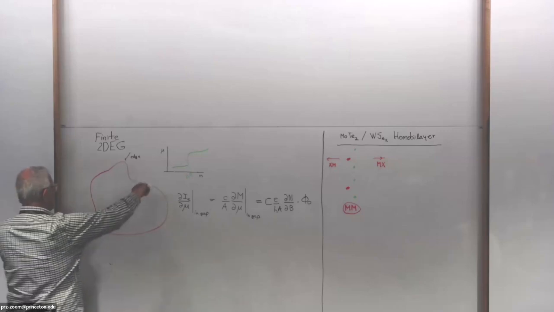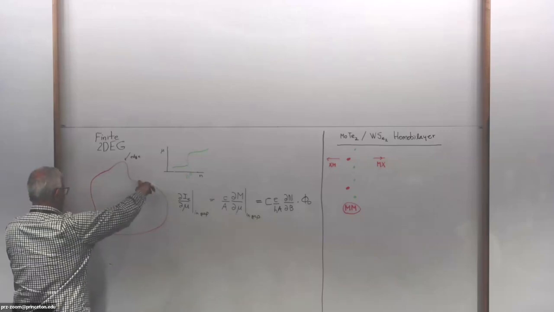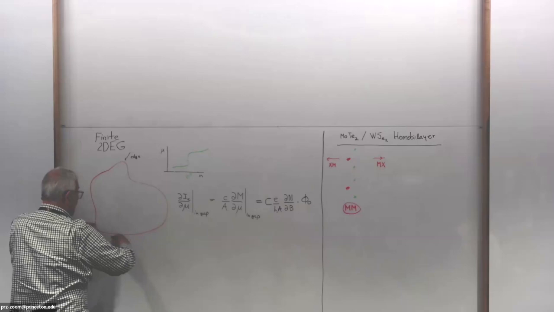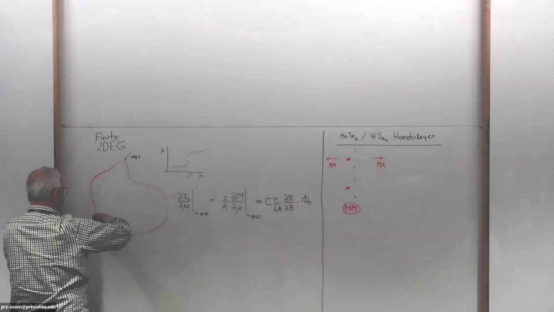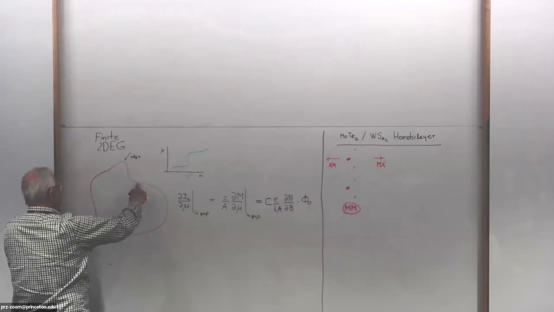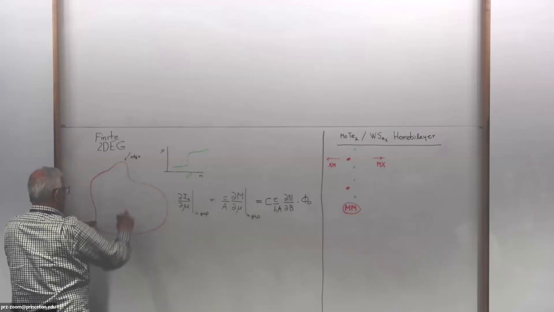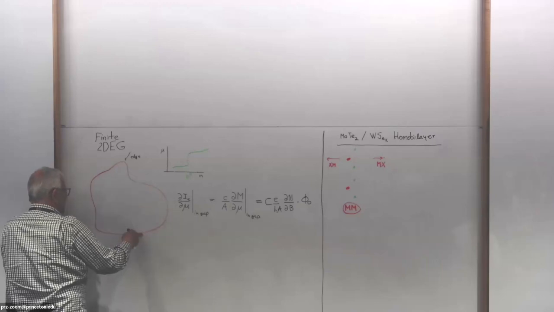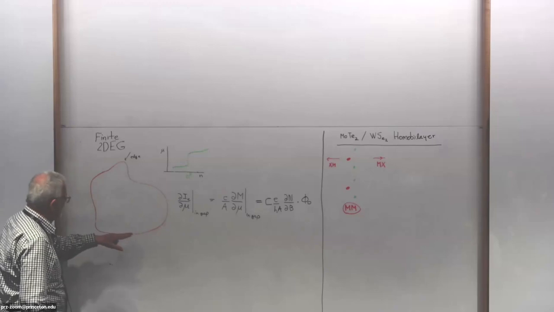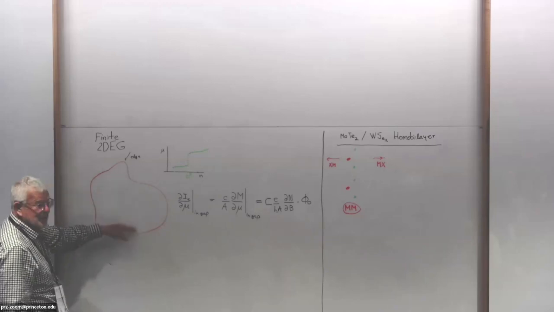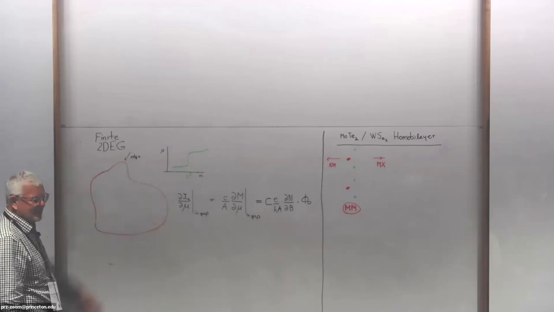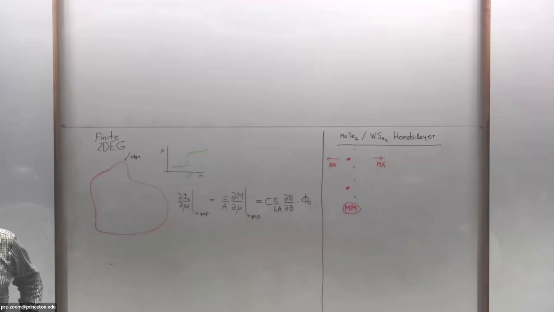You put in a pair of contacts, and you have a local equilibrium on this edge, local equilibrium on this edge, and the net current will be the difference between current here, and it's proportional to the difference between these local chemical potentials. Okay, and so quantum Hall effect, when it's fully developed, is really measuring not a transport property, but a thermodynamic property of the two-dimensional insulator.